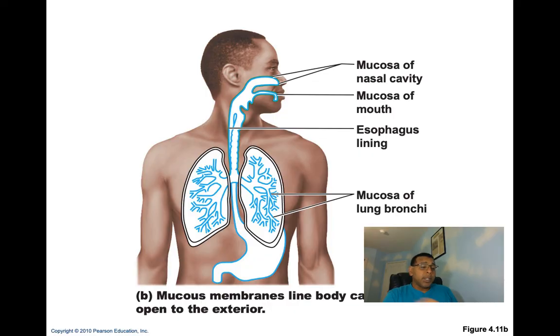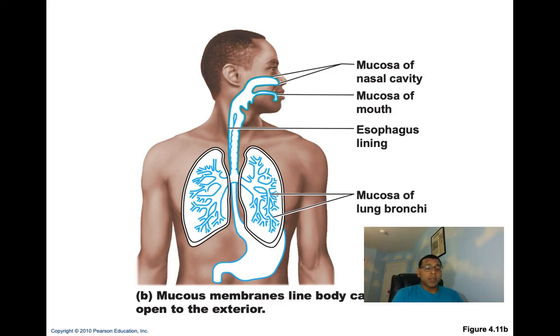Next, then, let's talk mucous membranes. They're described as being a lining membrane. Mucous membranes line all body cavities that open to the body's exterior, to the outside of the body. These are wet or moist membranes, and this type of membrane is adapted for absorption and secretion.